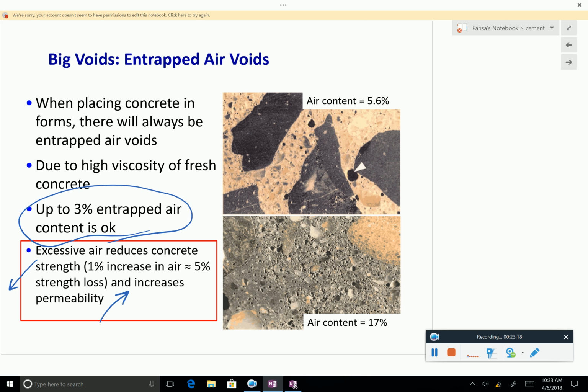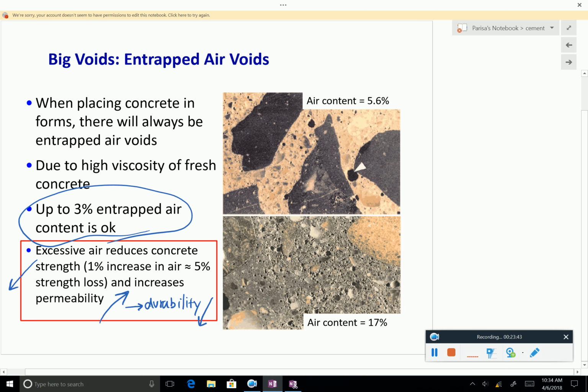It also can bring salt in, remember corrosion? So we don't like to have too much permeability. It reduces the durability of the material. So increasing permeability reduces durability of the material.